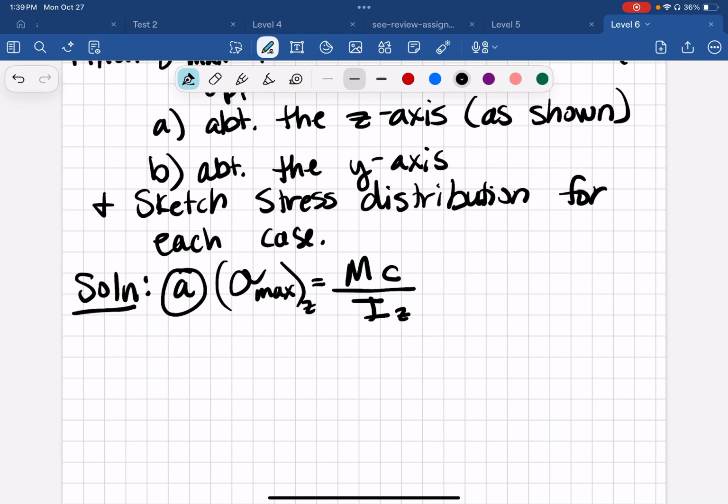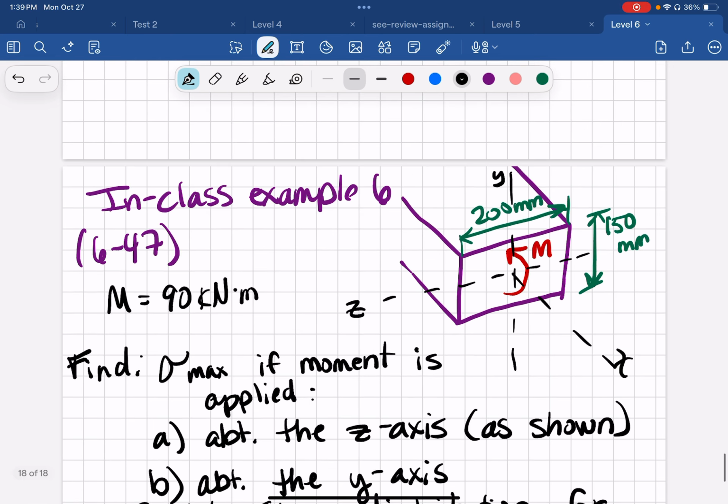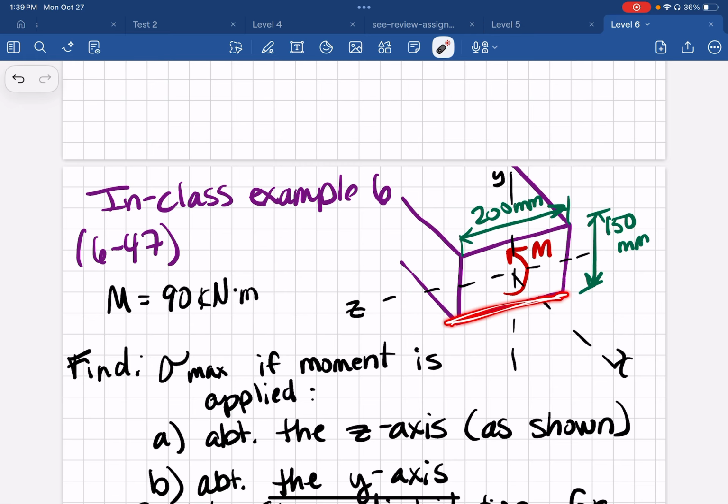So we need to know what the Iz is. And for a rectangle shape, I is 1/12 base times height cubed. And in this case, the base would be the 200 millimeters, and then the height would be the 150 millimeters.